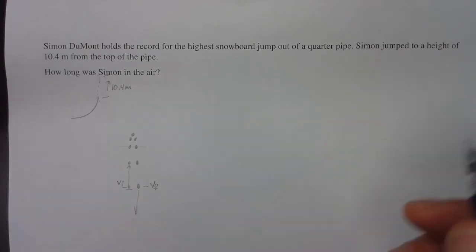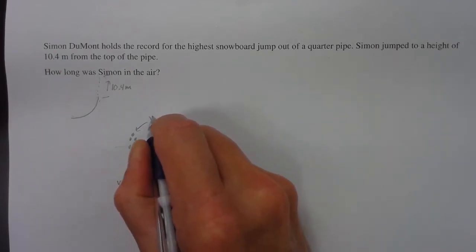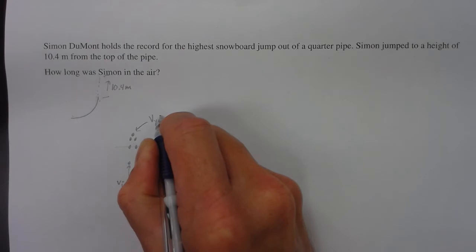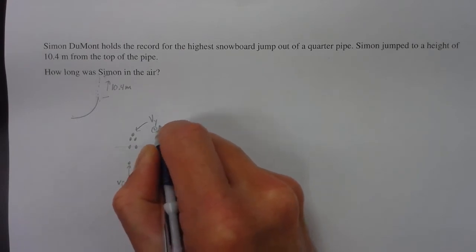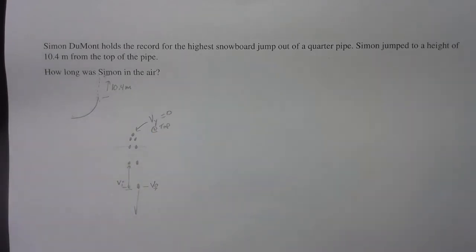Some other things we know about this is that at the top, the velocity in the y direction equals 0, because that's where you're turning around. He was going up, slowed down, had to turn around, got to hit 0 as you do that.